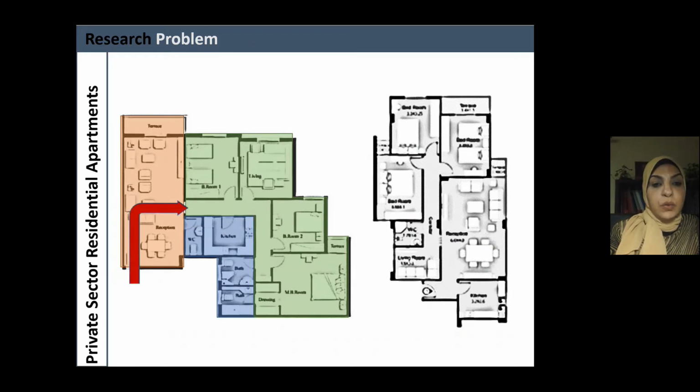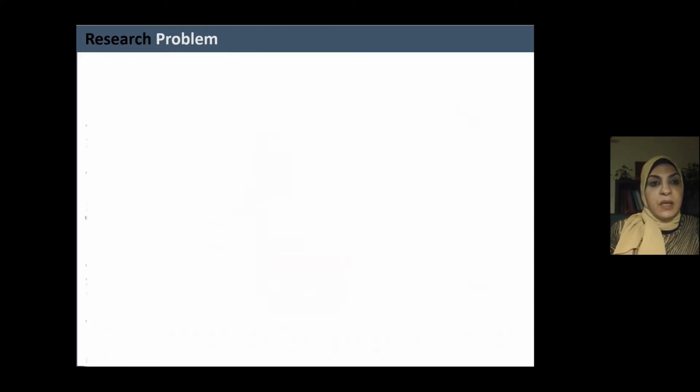But if you want to access the private zone, you have to cross by the reception. Similarly, in this model, we have the wet area in blue, the semi-private zone and the private zone. But if you want to access the private zone, you must pass by the reception.